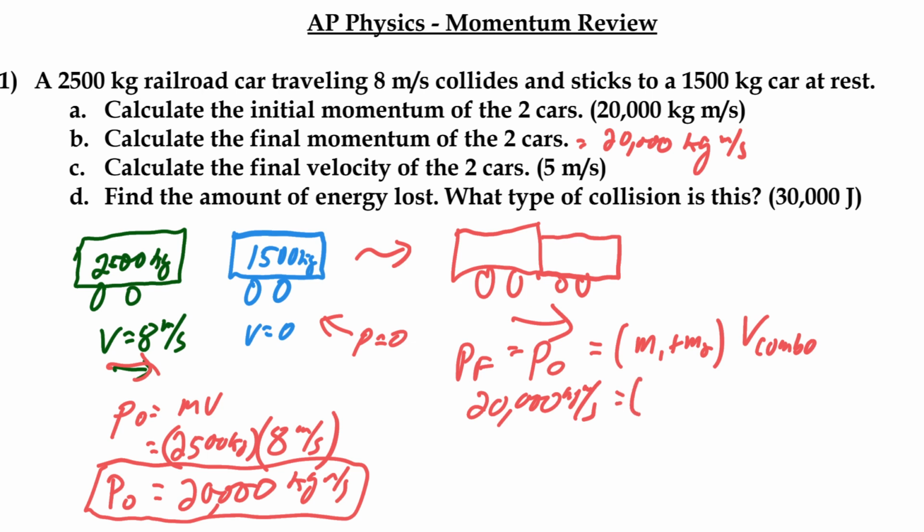So the total mass is going to be 2500 plus 1500, so that gets us 4,000. Okay, and so now we can find the combined velocity afterwards. 20,000 divided by 4,000 is going to be 5 meters per second.